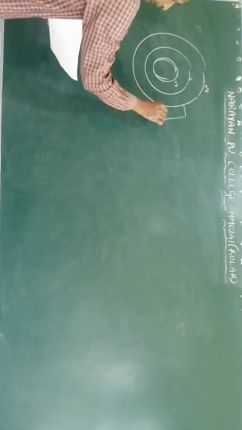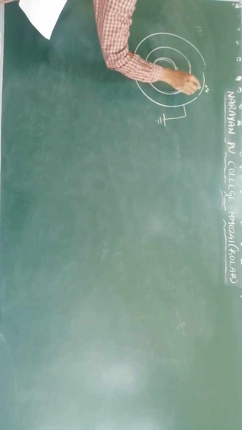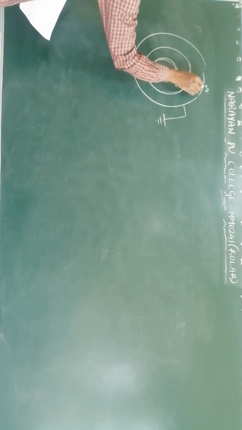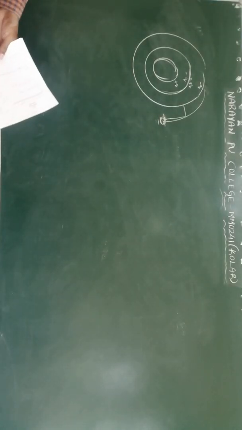The inner surface of the middle and the outer shell will have the same charge, because if this is connected to the earth, this is plus, so inside it attracts minus Q. The same amount of charge will go here, plus Q, and here we have plus Q, this will be minus Q. So the outer surface connected to earth, this goes to earth. So according to the options, the first option is correct.